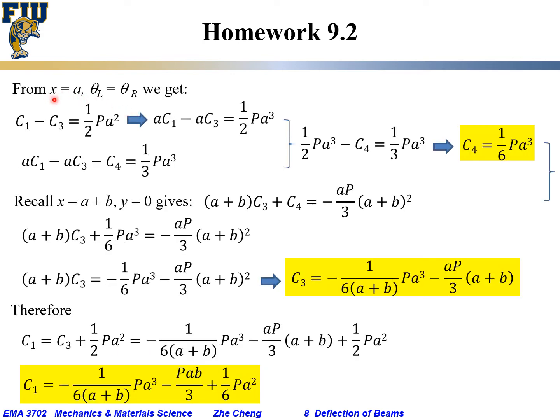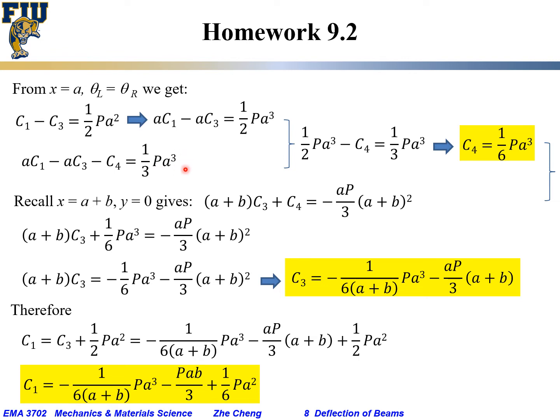From the previous slide, we said at x equals a, or the G point, the slope on the left should match the slope on the right, and we got C1 minus C3 equals half of PA squared. And for this one, if we multiply both sides by a, we would have a times C1 minus a times C3 equals half of PA cube. On the other hand, from the local deflection match at A point, we have A times C1 minus A times C3 minus C4 equal to 1/3 of PA cube.